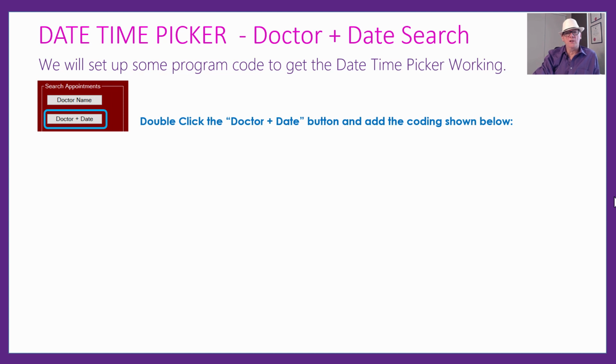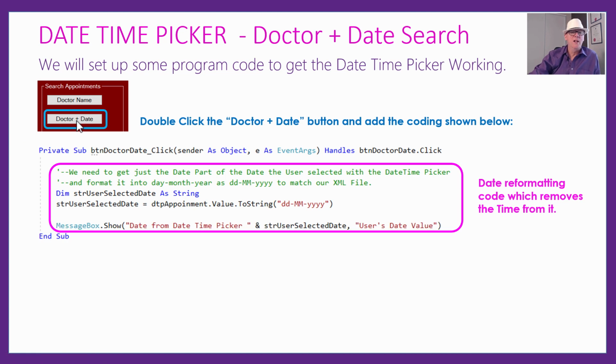So double click on the doctor and date button, because we now want to search for a particular doctor name and a particular date that they've got appointments on. And we need this reformatting here. So we're going to have a str user selected date, so we know what date they selected. And what you have to do is you have to do DTP appointment dot value, the value that we're getting out of that date time picker, and then do a .toString conversion.